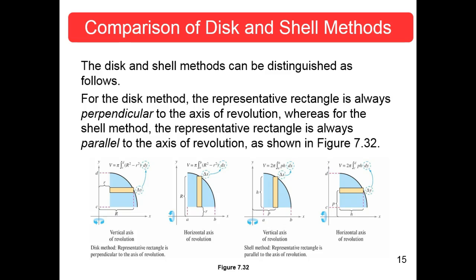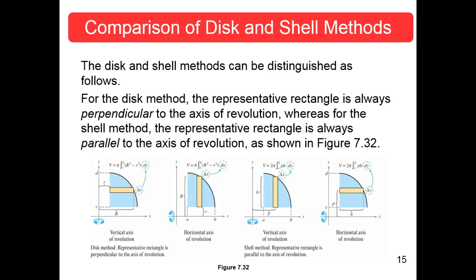But when you're doing the shell method, you're revolving the shell around the y-axis, so you're going to take your dx's because that makes the shell around the y-axis. So that makes it parallel. I don't think in terms of parallel. I think around the y-axis you take a dx. Around the x-axis you take a dy. Which of course makes a rectangle perpendicular.